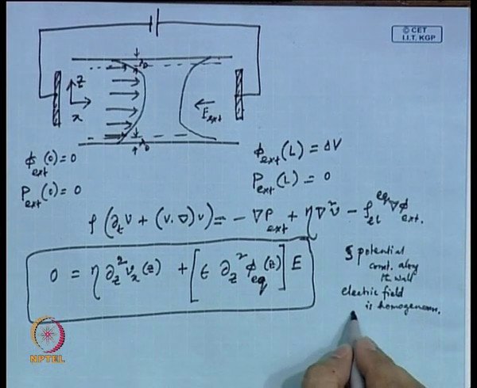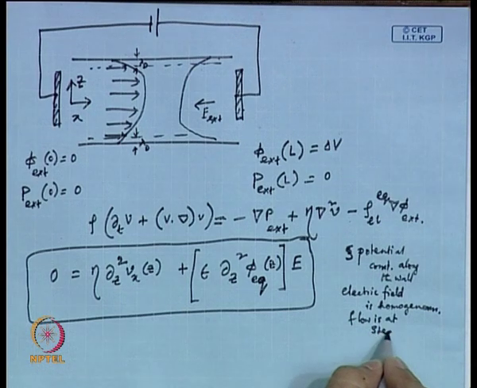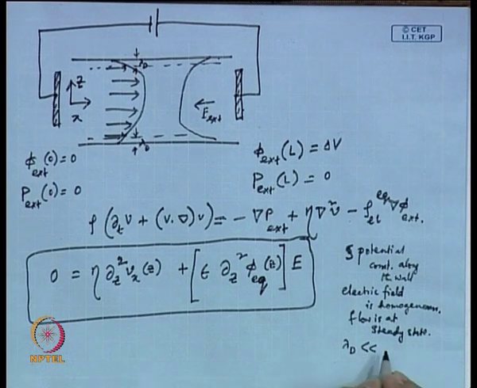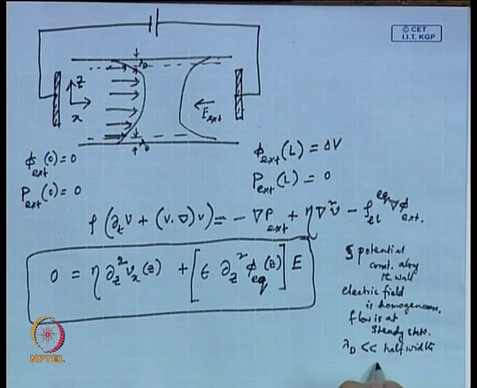Flow is at steady state. And d by length is much smaller than the half width of the channel.